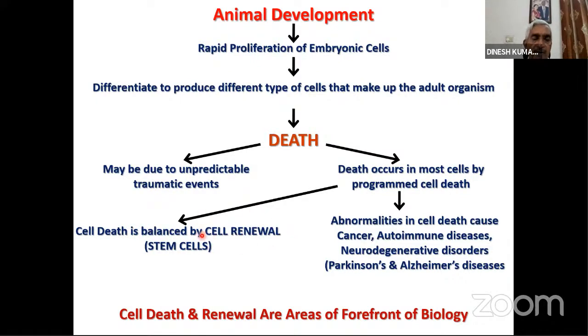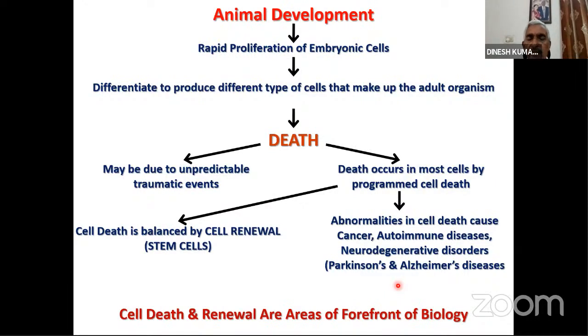That cell renewal is maintained mostly by the stem cell. When there are abnormalities in programmed cell death, there is possibility of various diseases in the body: cancer, autoimmune disease, neurodegenerative disorders, Parkinson's, Alzheimer's disease.